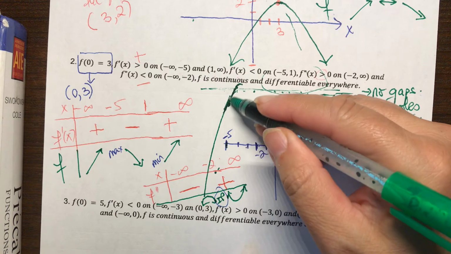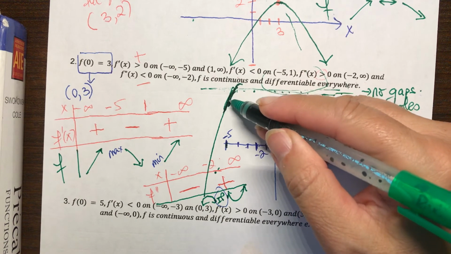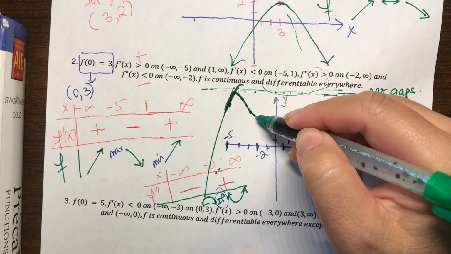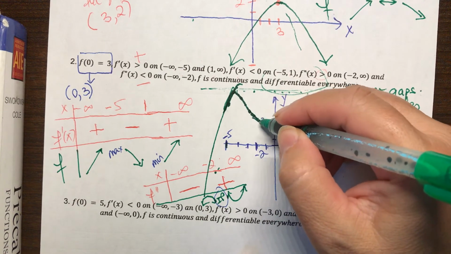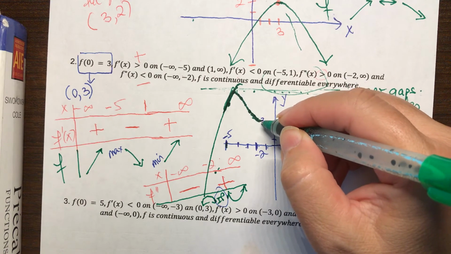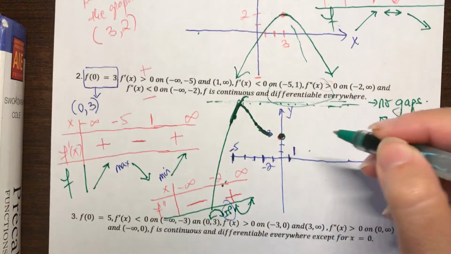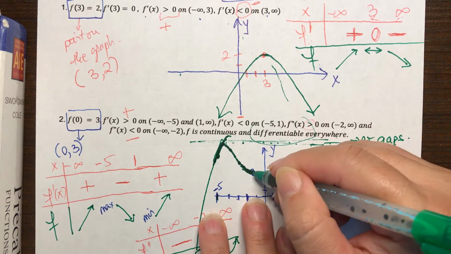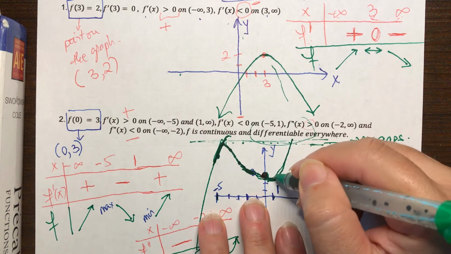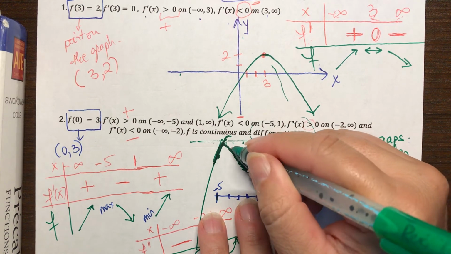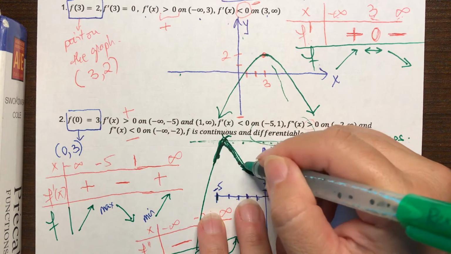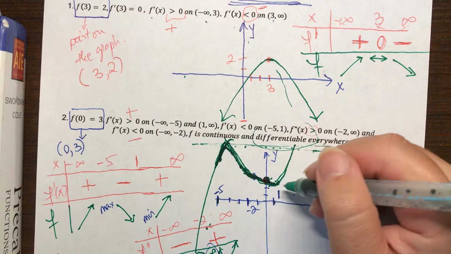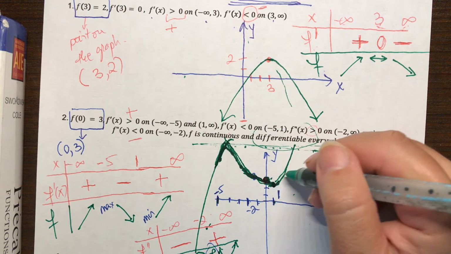Then at negative 5, it's going to have to start coming down, yes? What happens at negative 2? At negative 2, it's starting to turn back up. I have to make it go through here. And then it turns up. What I needed to do was make this higher, so I have room to come down, go through 0, 3, and reach my minimum here.